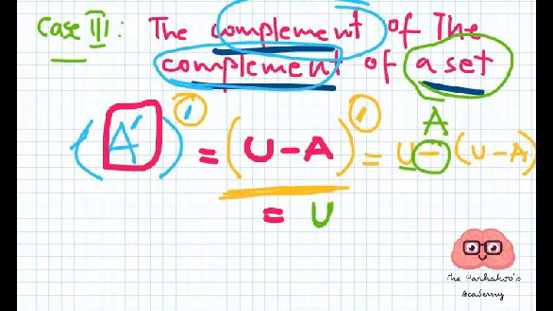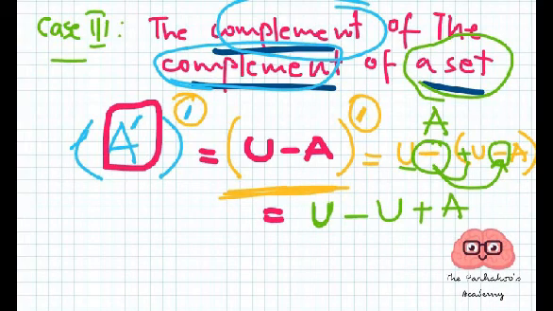Since we have minus here, all the signs inside would be altered. Here we have plus, so it would be minus U, and here we have minus, so it would be plus A, right? Now you know plus and minus cancel, so we are left with A.